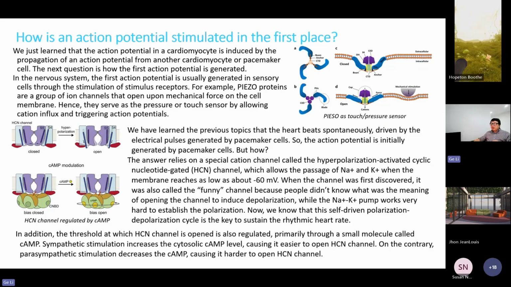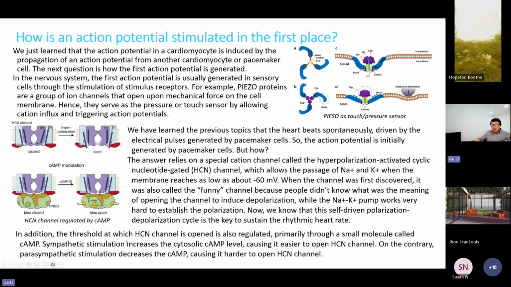Let's come back to the name of HCN. Hyperpolarization activated. Now we know this name. Hyperpolarization means it's activated when the membrane potential reaches a very negative level. And what does cyclic nucleotide gated mean? You don't really have to know this name, but the abbreviation is cAMP. cAMP is a very widely used messenger signal.